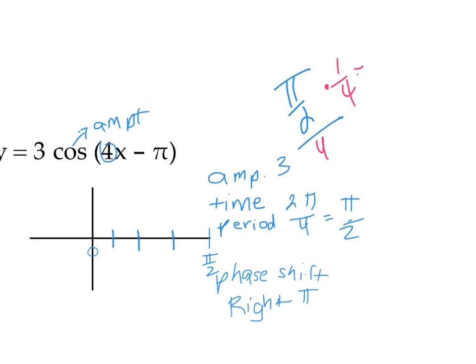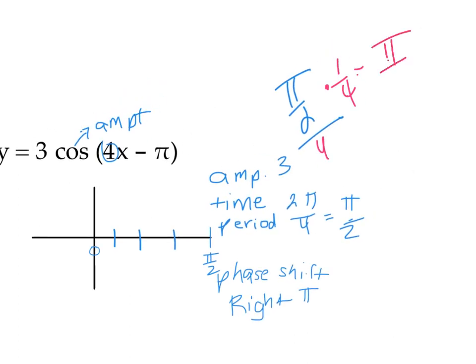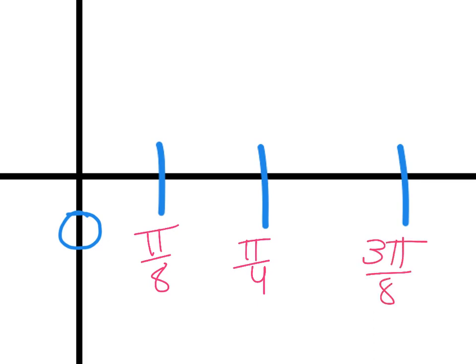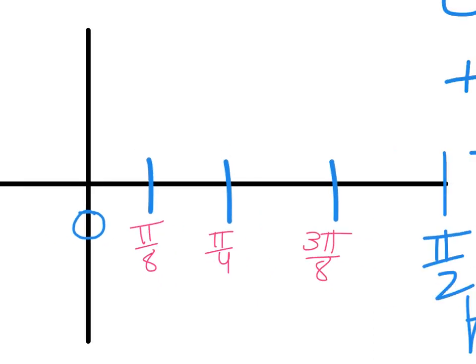So each little piece is worth how much? Pi over 8. So my first tick mark is pi over 8. My second tick mark is 2 pi's over 8, which is what? 1 pi over 4. My third tick mark is 3 pi's over 8. And my last tick mark is 4 pi's over 8, which is the same as pi over 2.